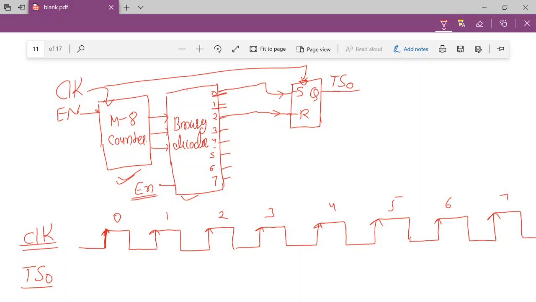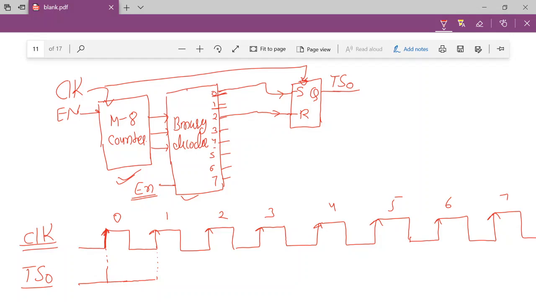So in the first clock cycle, the flip flop has not started, so Q will remain 0, right? At least at this particular time. Fine.